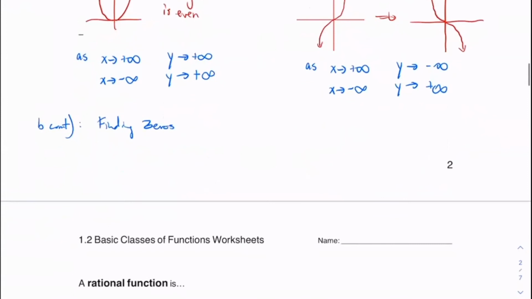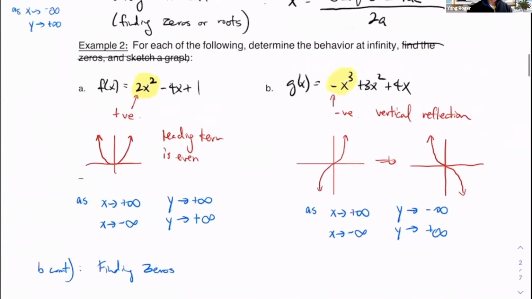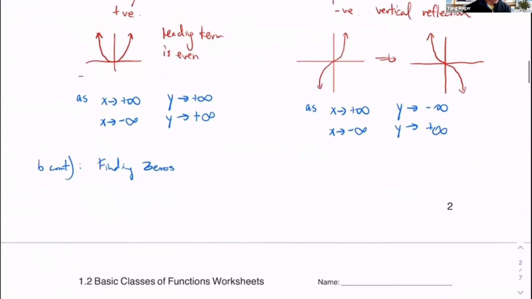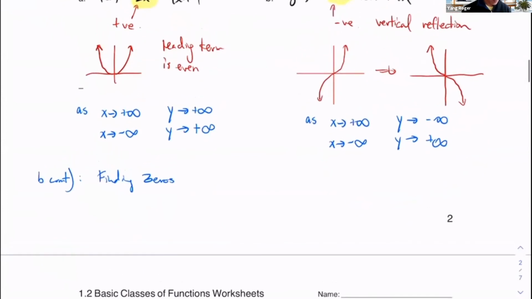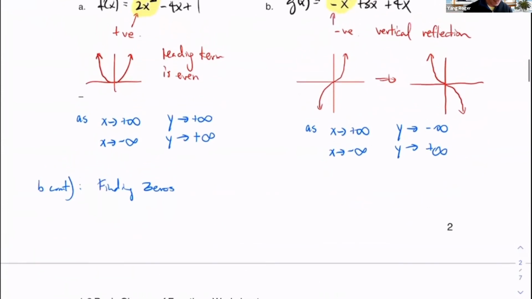Set g of x equal to 0. Oh, that would find the intercepts. Oh, wait. You're right. Sorry. I mean, you're right. Never mind. We are finding the intercepts, so I wasn't thinking you were going to say that, but okay. Yes, for sure. 0 is equal to negative x cubed plus 3x squared plus 4x.